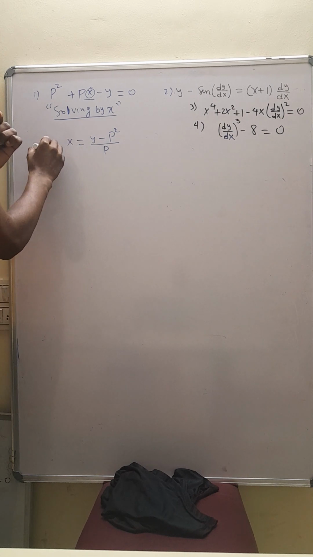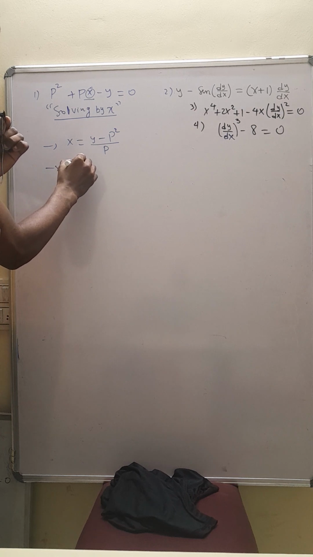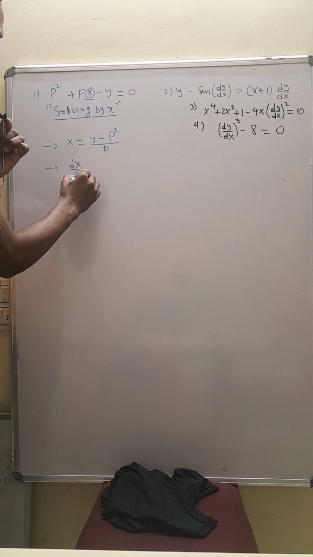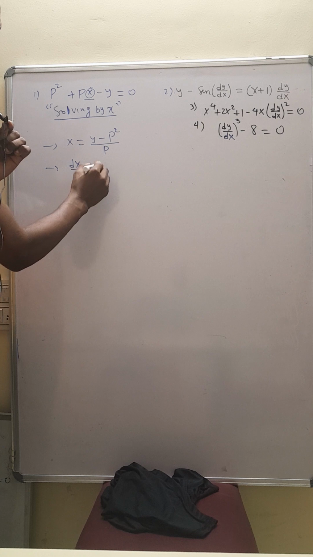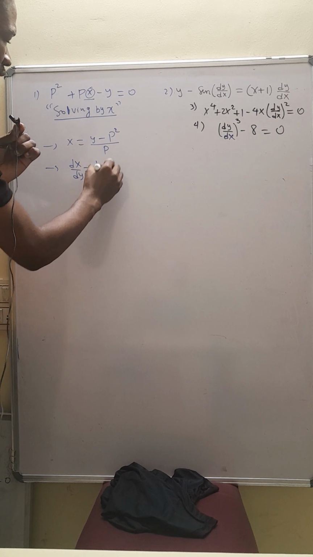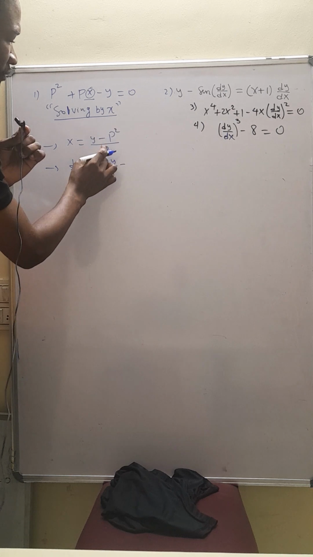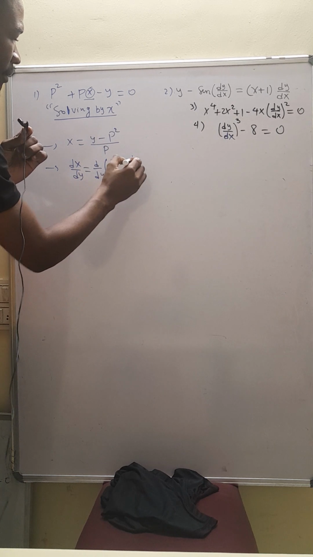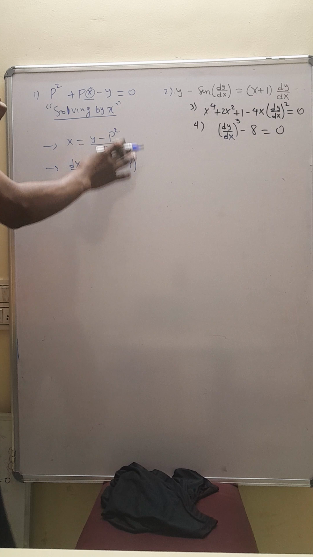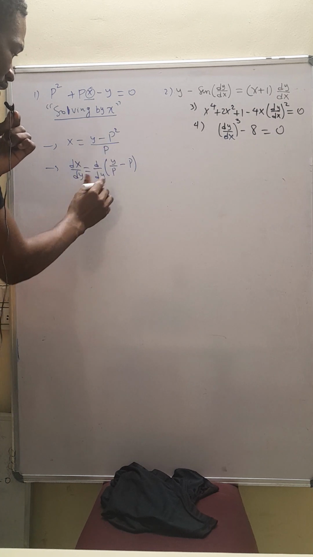So the next step, after making x the subject, is applying the derivative dx/dy. Then solve for y upon p minus p squared upon p, which dividing gives p. Now just solve this derivative.